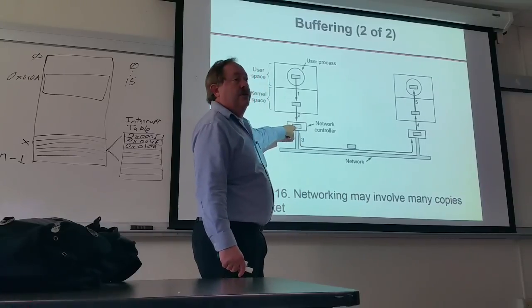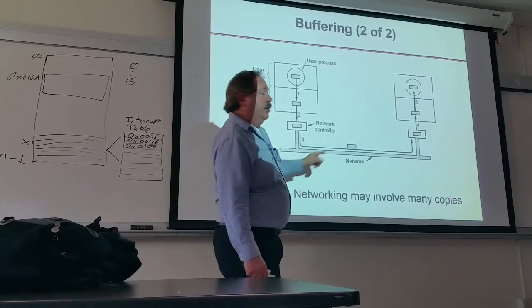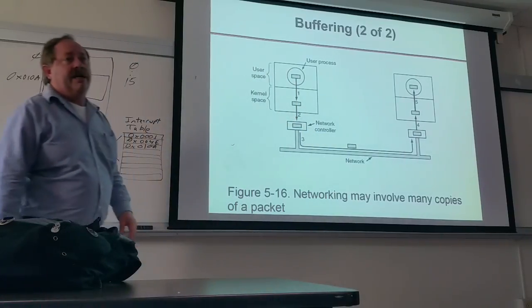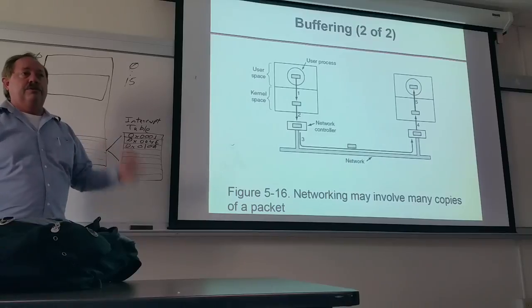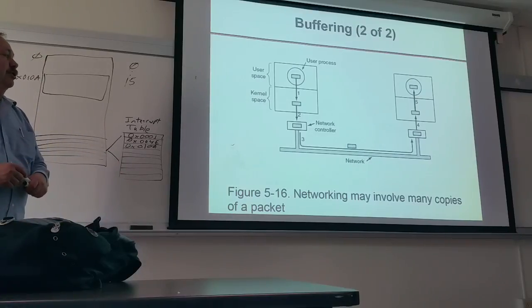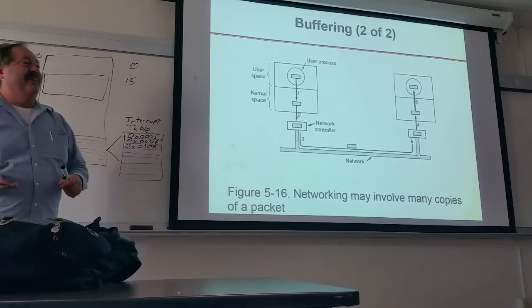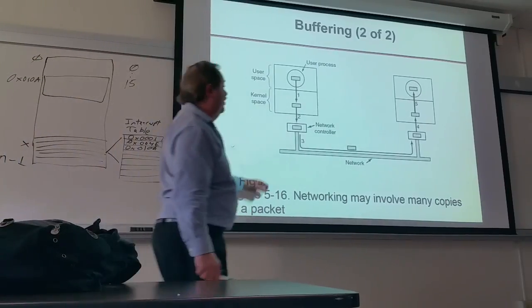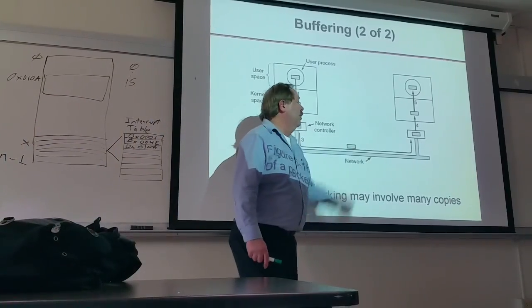Sometimes these network controllers will send out another copy because it didn't get an acknowledgment back saying that the packet it had sent earlier actually got received, in which case they'll try to resend it. So you're actually putting more data on the line than what you originally planned, because you're putting multiple copies of some of the packets out on the network.